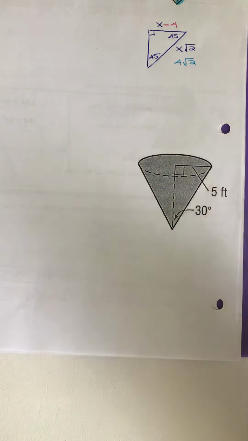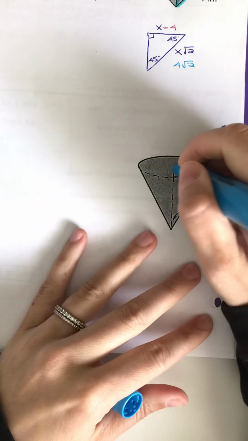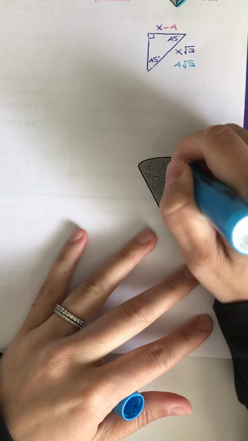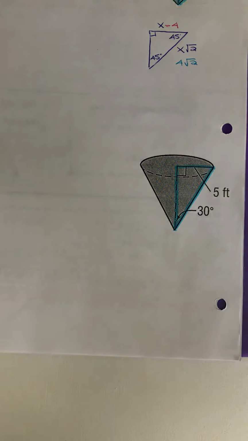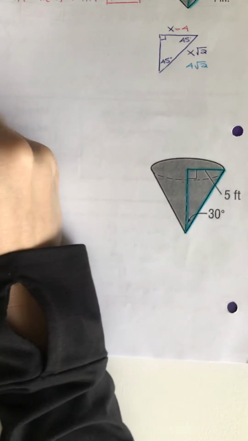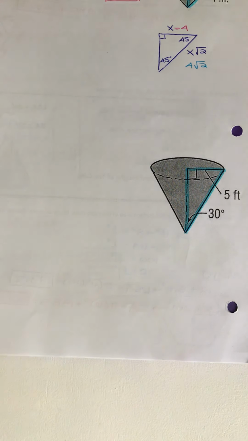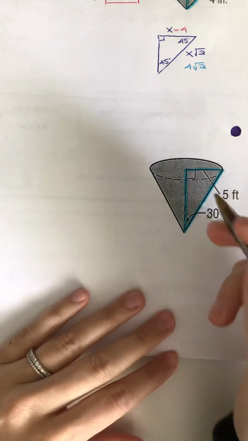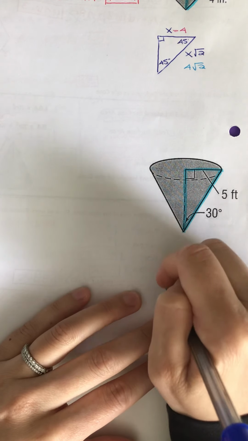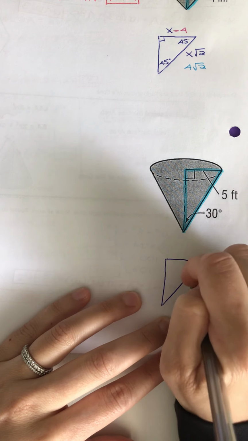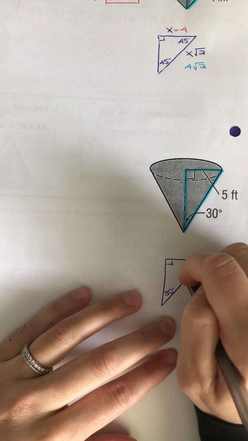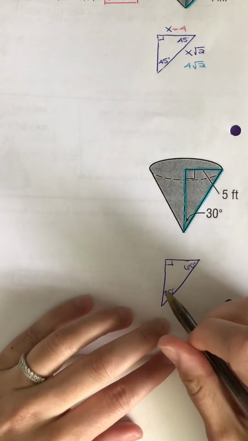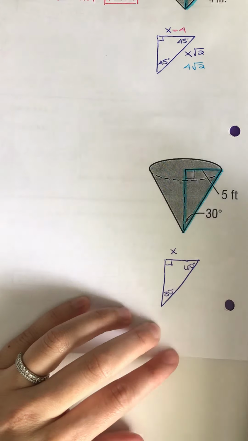And last one, again, I'm given my radius. My radius is 5, but I don't know my slanted height. So if I redraw this, it is a 30, 60, 90. If you remember, across from the 30 is x.